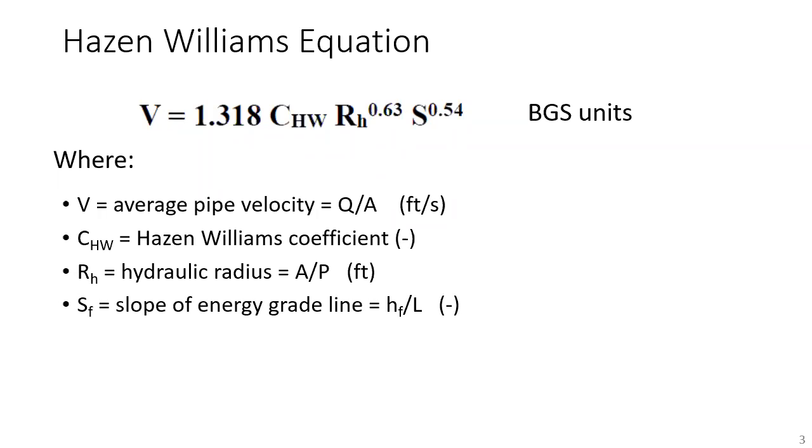And S sub F, or S, as you see in the equation above, is known as the slope of the energy grade line. It's also known as the friction slope. And it's dimensionless, but this is where the friction loss is buried.